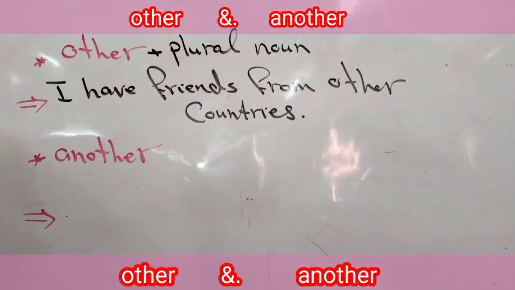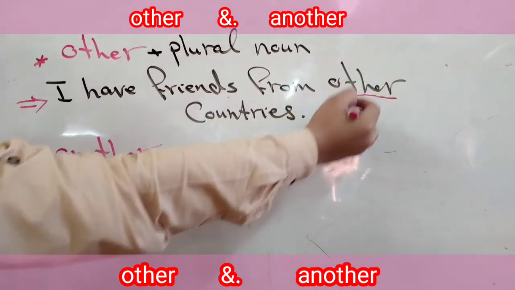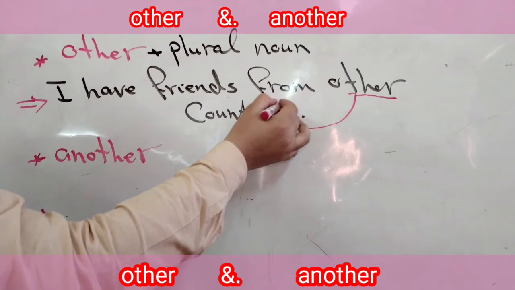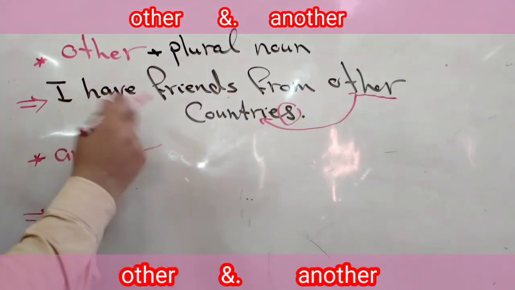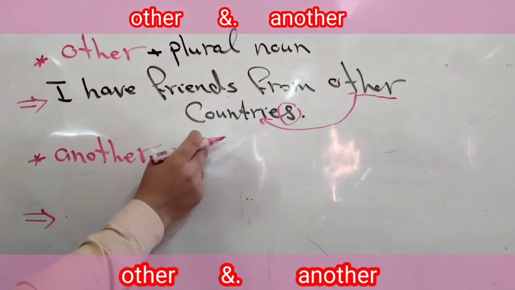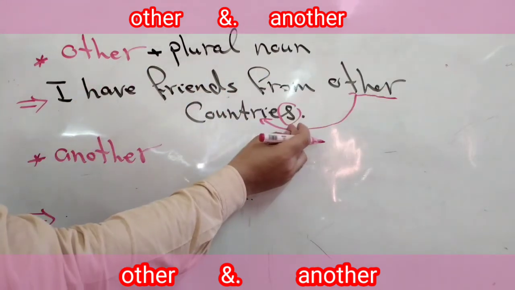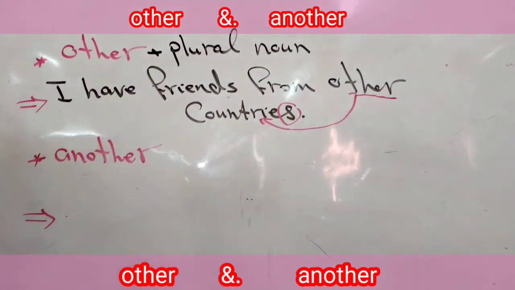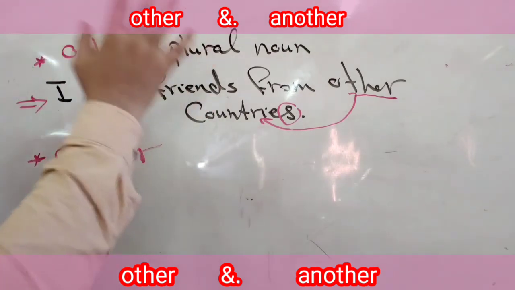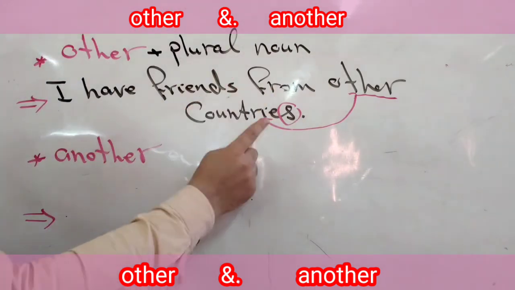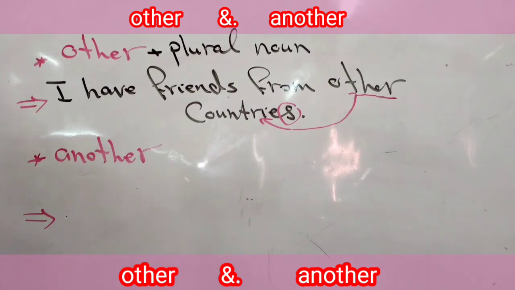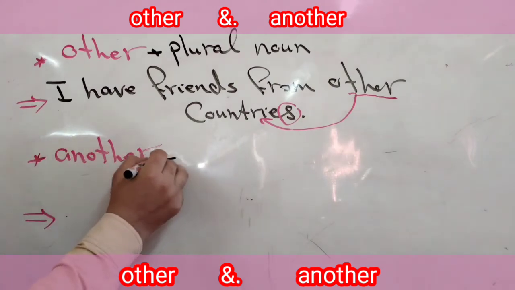Here we use the word other followed by a plural noun, not country. Don't say I have friends from other country. Say I have friends from other countries, not country. So the word other is always followed by a plural noun, whereas the word another is followed by a singular noun.